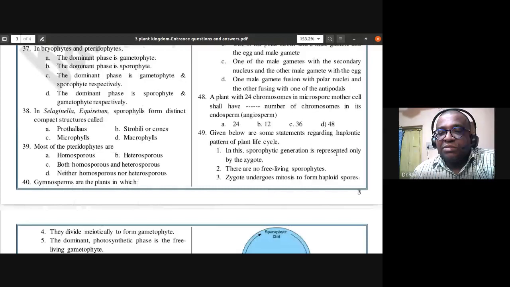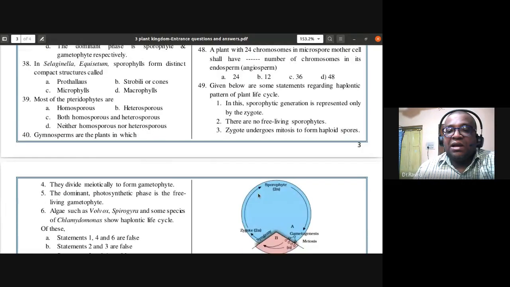Given below are some statements regarding the haplontic pattern of plant life cycle. In this, sporophytic generation is represented only by the zygote. In the haplontic life cycle there are no free-living sporophytes. The zygote undergoes mitosis to form haploid spores. They divide meiotically to form the gametophyte.